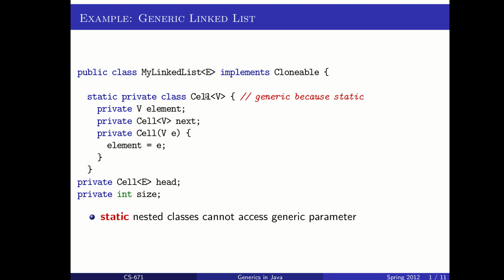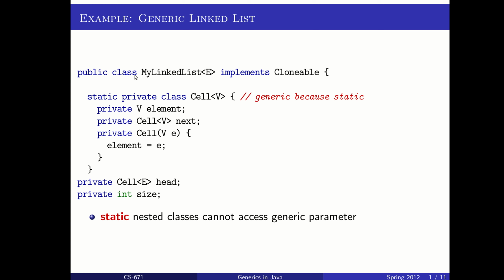This has to be the case in the way that this particular class is written because the nested class is static. Static things within a class cannot access the generic that was used for that particular class because E, the generic type, belongs to the specific instances that get created.